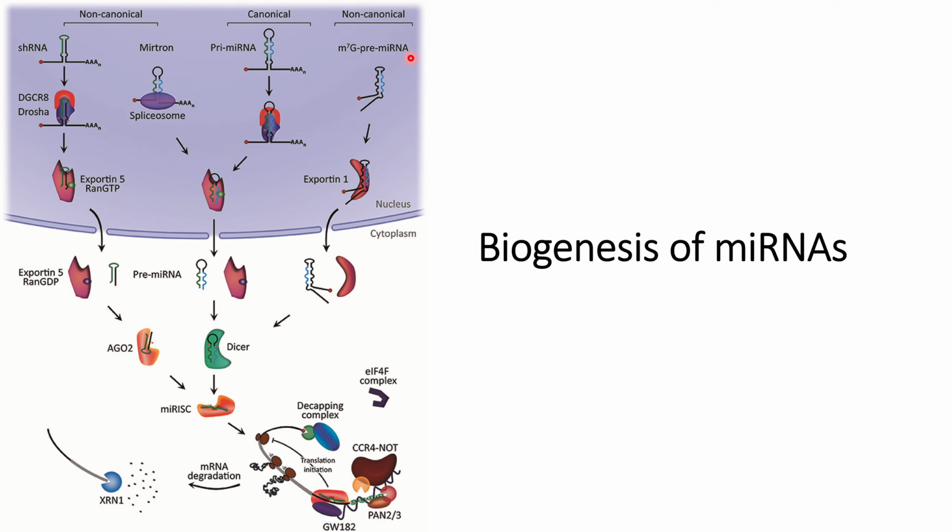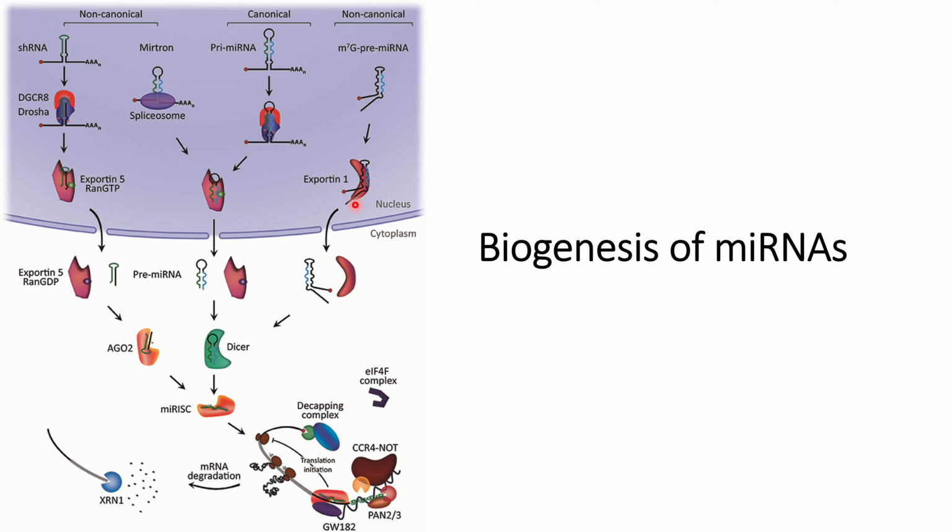In this case, microRNAs are modified with m7G, and it will be transported into the cytoplasm with the help of exportin 1, and after that it will interact with Dicer, which will help in the further processing.